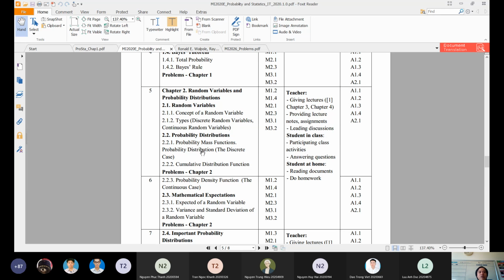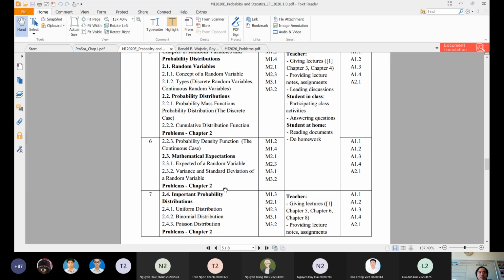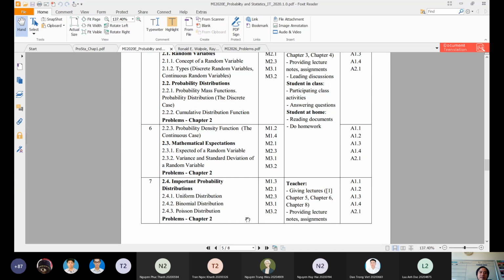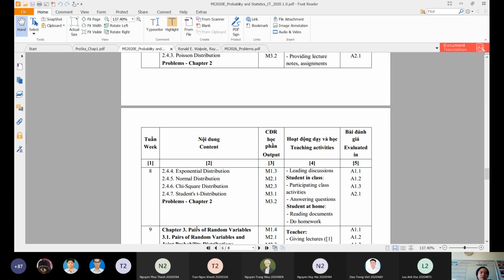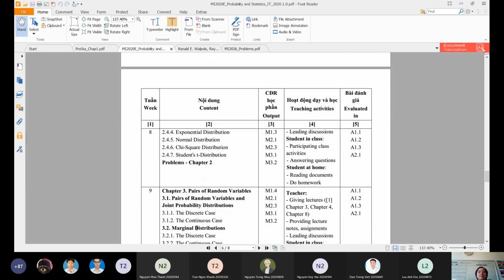And for probability distribution, we will introduce some popular laws of distribution like uniform distribution, binomial distribution, Poisson distribution. Those are some types of discrete distribution. Okay. And then for continuous random variables, we consider exponential distribution, normal distribution, a very important distribution law, chi-square distribution, student T distribution.